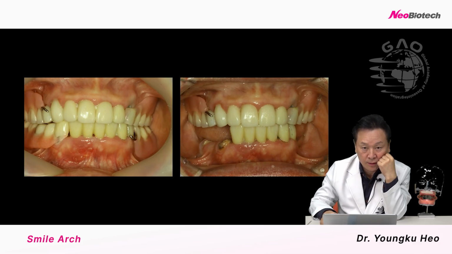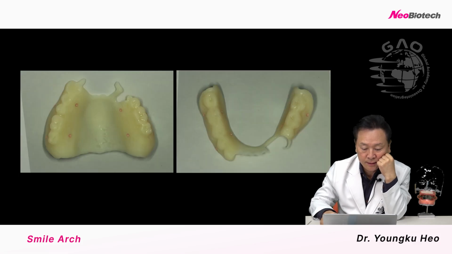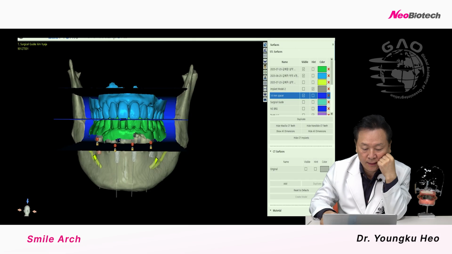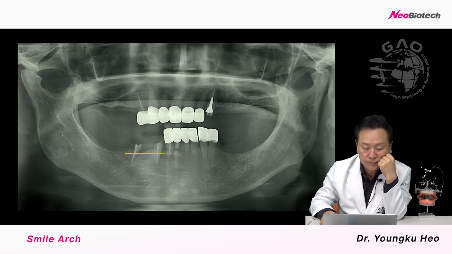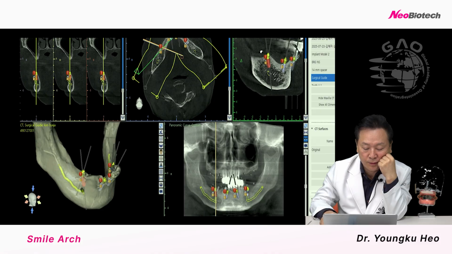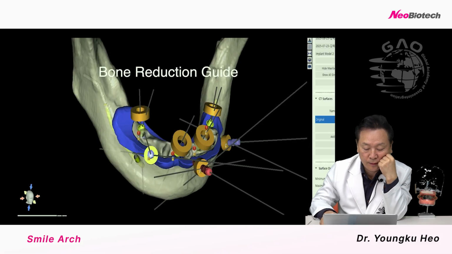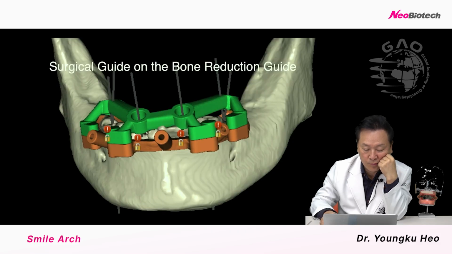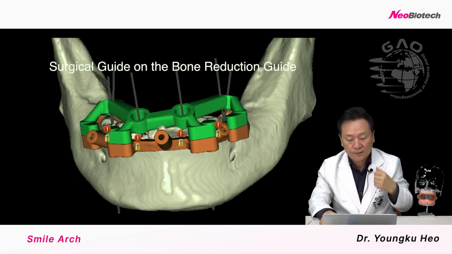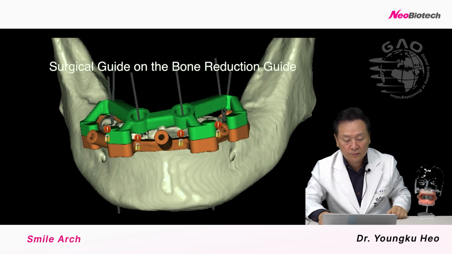This is another case. We're planning with BlueSkyBio the 4 implants on the lower. So we made the base framework, and also the stackable surgical guide on top of that.